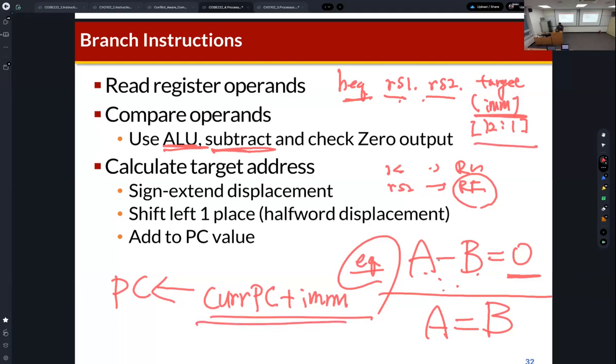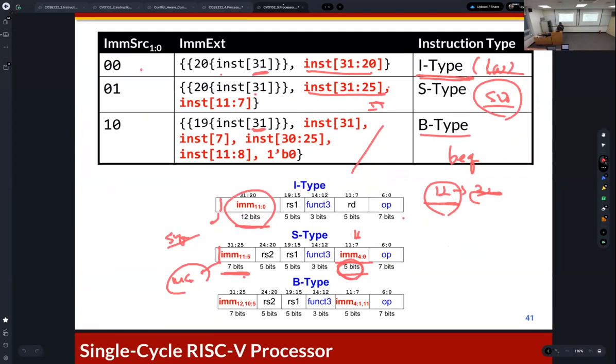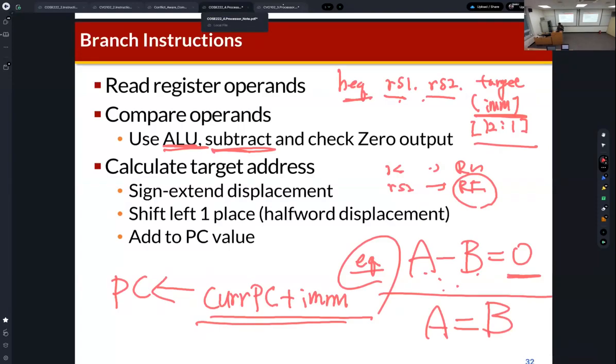So the immediate is the immediate field of the B type, the branch instruction. So we can generate the immediate number like this. And then we need to perform an add operation. How? The ALU? We cannot use the ALU. Why?